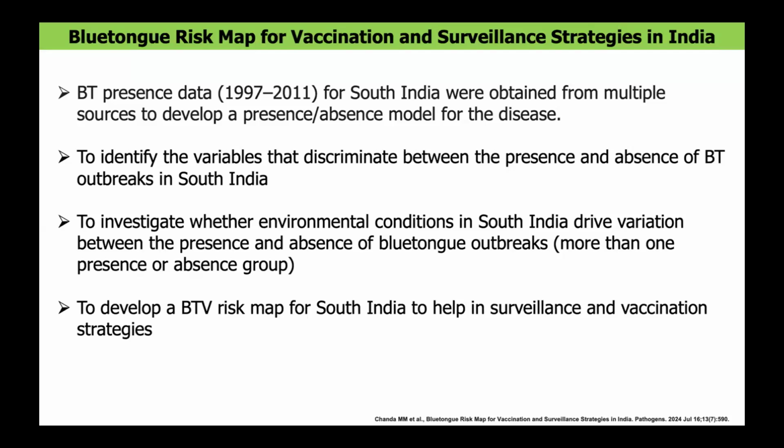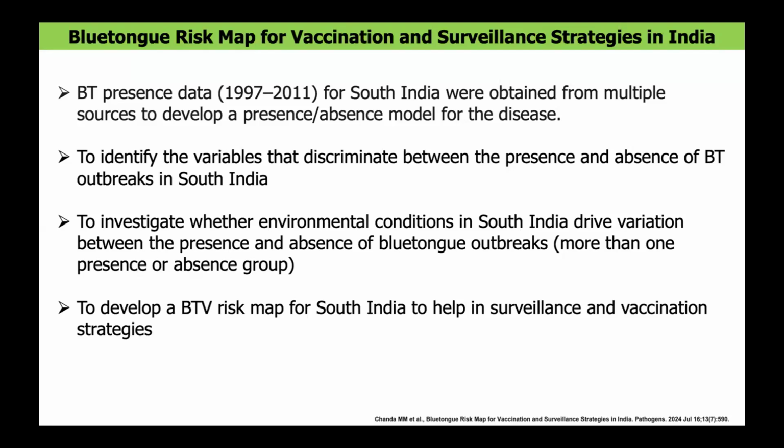As you can see, the first point, they used bluetongue disease data from 1997 to 2011 in South India, and they used different bioinformatic models to see which kind of environment, host factors and vector factors are involved in predicting a disease.